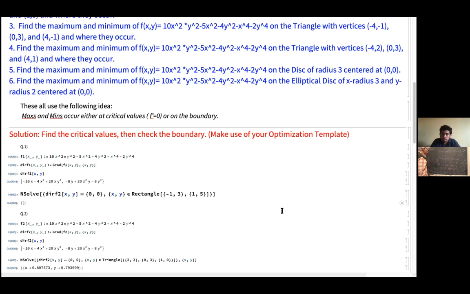So again, we get something similar. Either y equals 0 or 5x squared minus 2y squared equals 2.